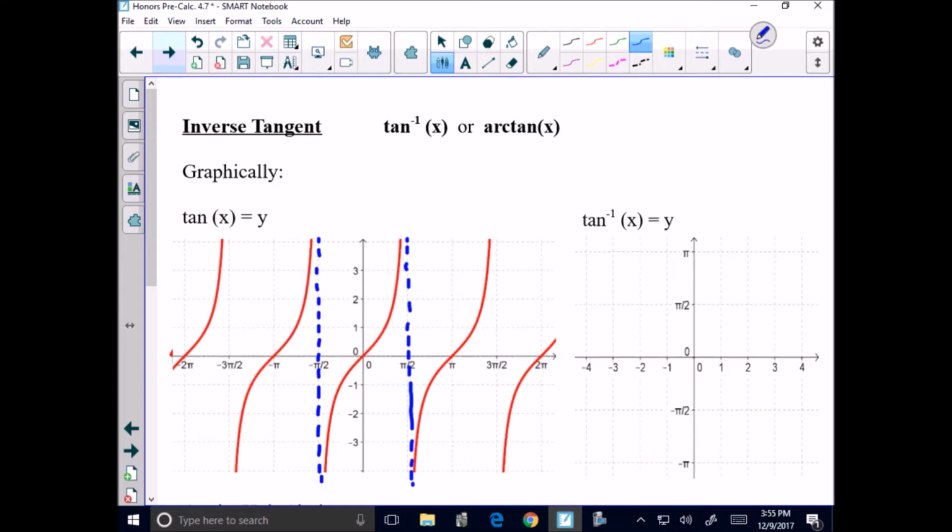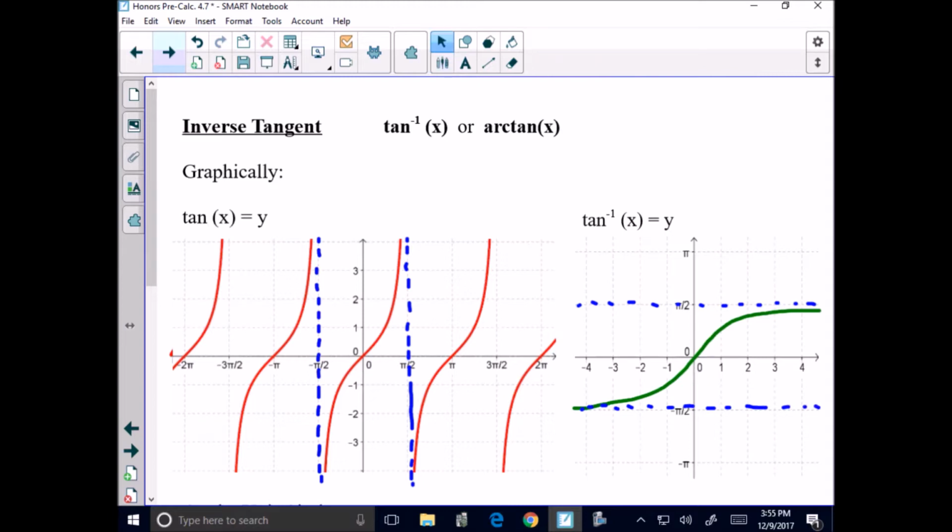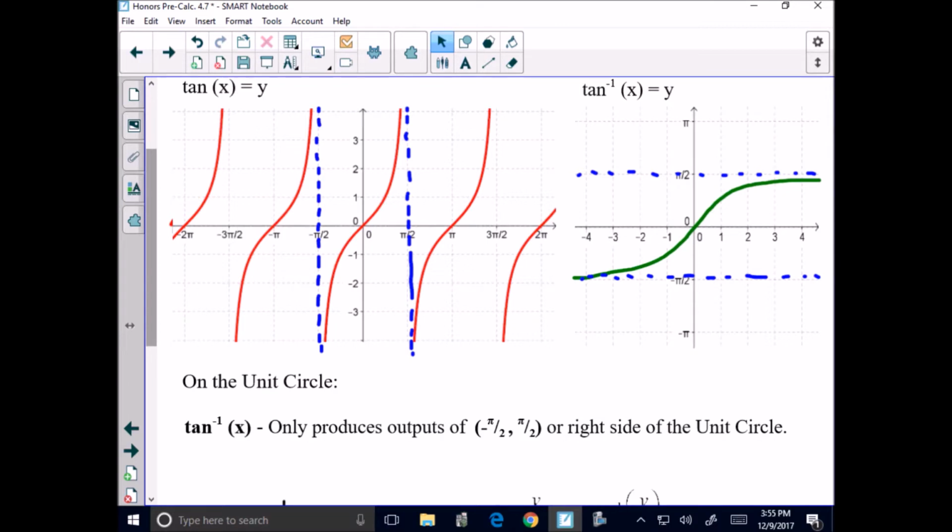So right here, inverting this graph, we get a graph that looks something like this, where we have horizontal asymptotes at pi over 2 and negative pi over 2. And again, in general right here, this graph on its own isn't that much use to us, but we can identify the domain and range of the inverse more easily.